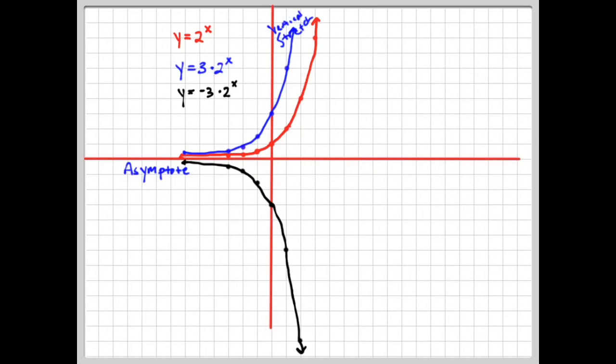Y equals -3 times 2 to the x is a vertical stretch and a reflection over the x-axis. So if I had to compare the two, those are the kinds of words I would use. That's the description I would give. Make sense?